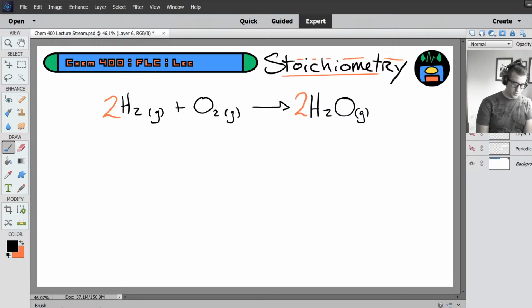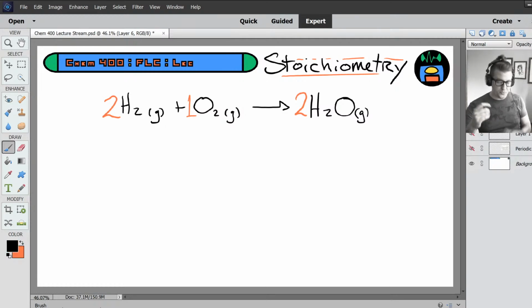Same number of atoms on both sides of the equation. Now, I'm also going to add a 1 in here for the stoichiometric coefficient of oxygen. You don't have to, and whenever there's 1 mole of any reactant or product, molecule, atom, what have you, you typically don't write the 1, but I'm going to write the 1 in here for emphasis sake.